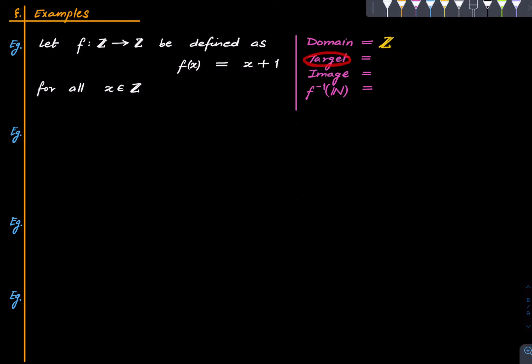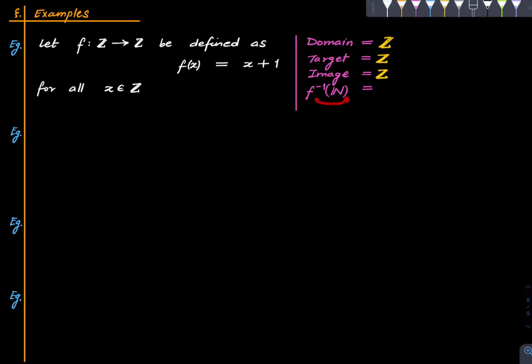What is the target of f? This. Alright. What is the image of f? Meaning, what are all the integers of this form where x is an integer? And if you think about it, every integer is of this form. And hence the image is the entire target.